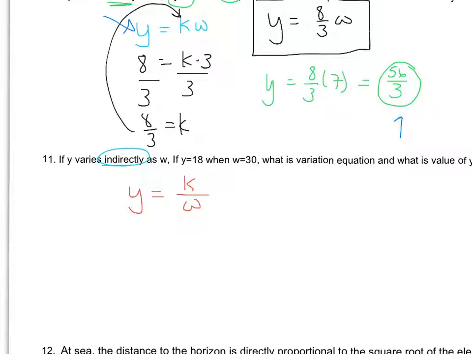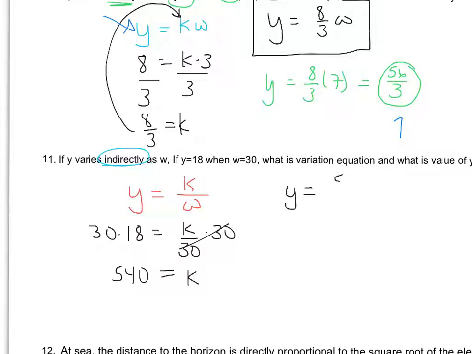So if I plug in y is 18 when w is 30, I get 18 equals k over 30. So I'll multiply both sides by 30. So 18 times 30 will be 540. So now if I plug that in, my variation equation is going to be y equals 540 divided by w.